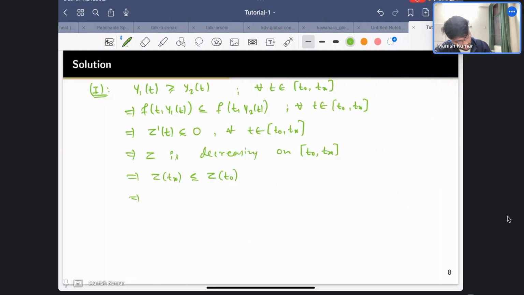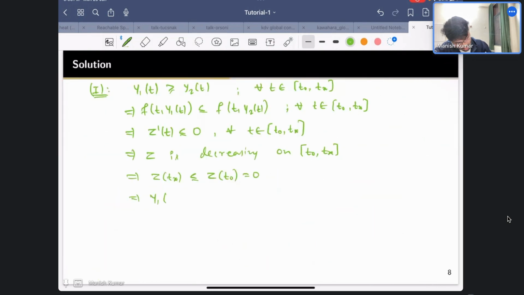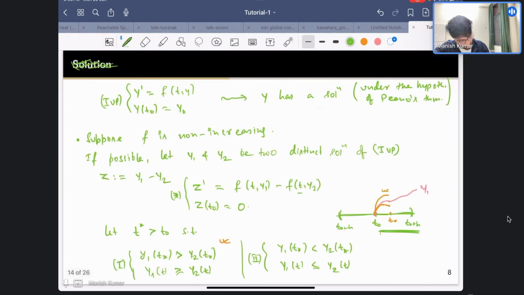So z at t*, which is y1(t*) minus y2(t*), is less than or equal to 0, and from here you get y1(t*) is less than or equal to y2(t*), right?